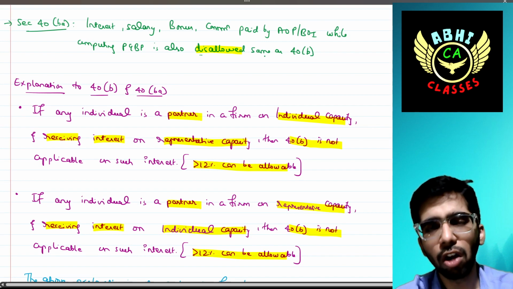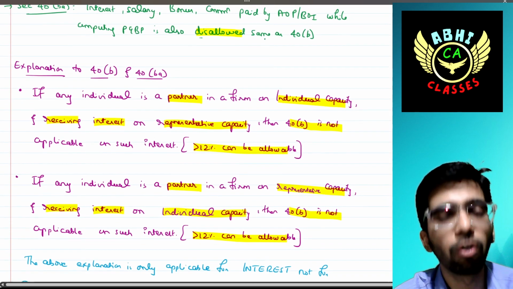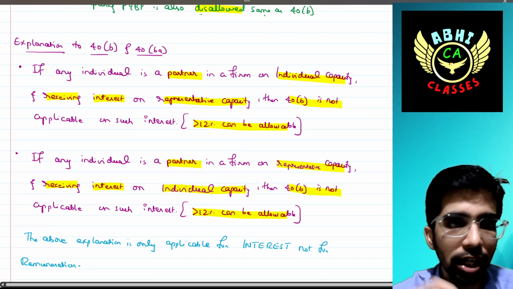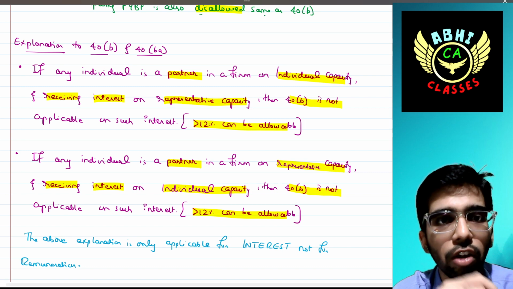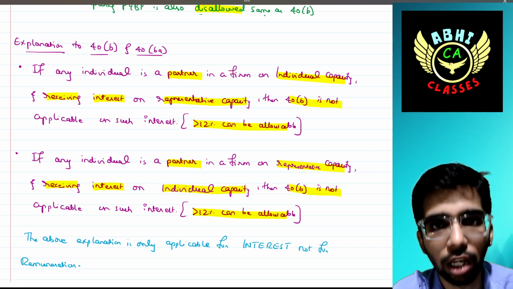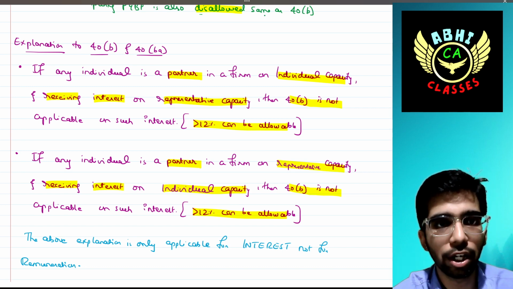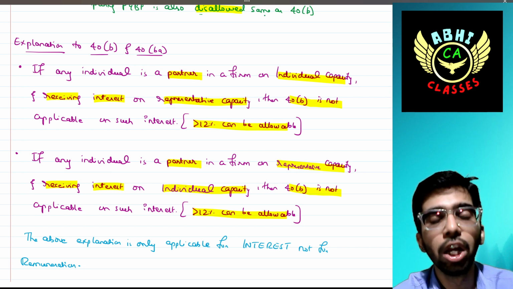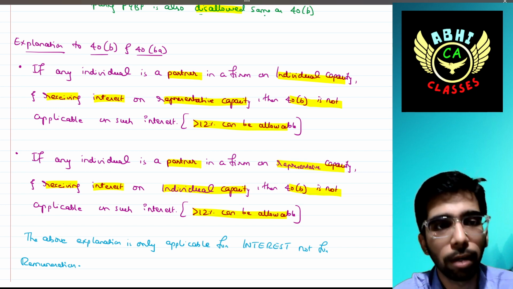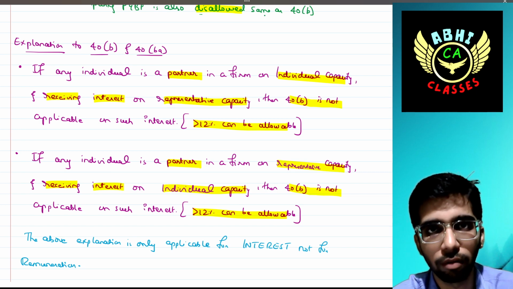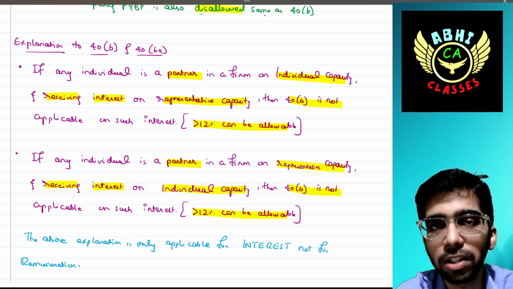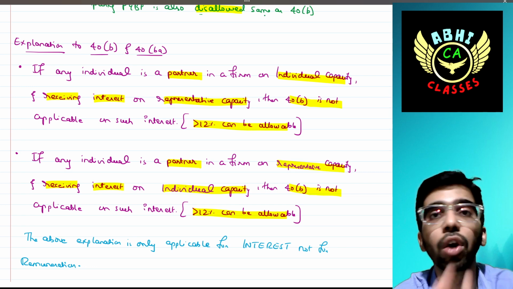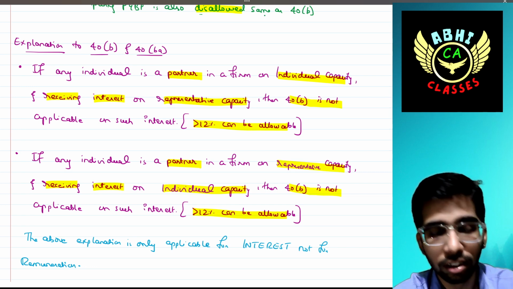Some explanation to 40B or 40BA: if any individual is a partner in a firm in an individual capacity, and I am receiving interest in a representative capacity, then 40B is not applicable on such interest. That means even if you are paying more than 12% interest, that is okay. It's the same category.